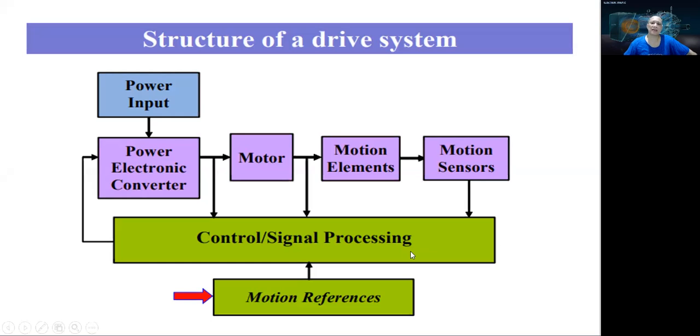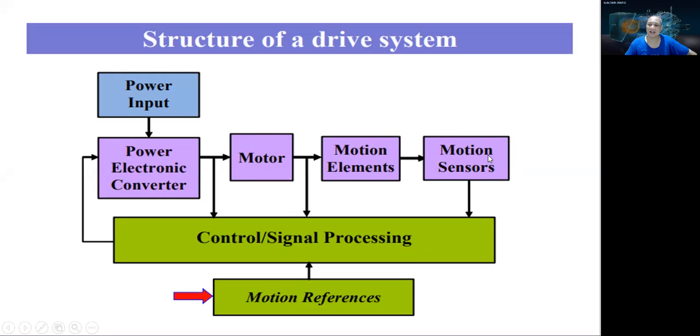When you look at it, there is this motor. This is actually the driver. It is connected to some kind of shaft or motion elements that will be driven by that motor. The motor will be monitored, observed by sensors.